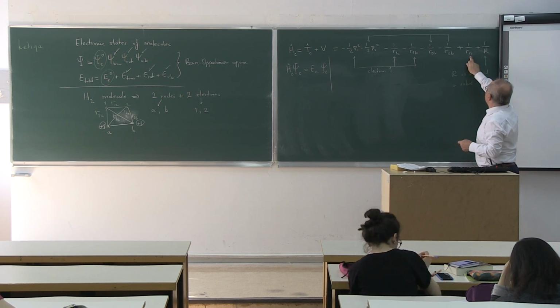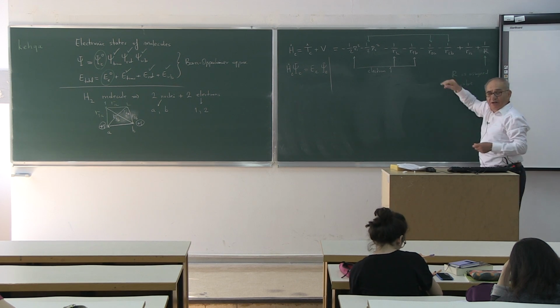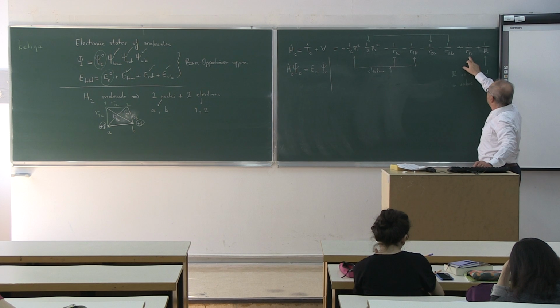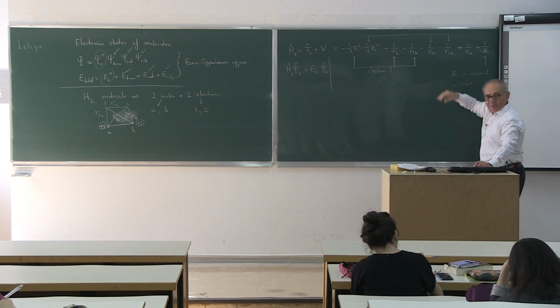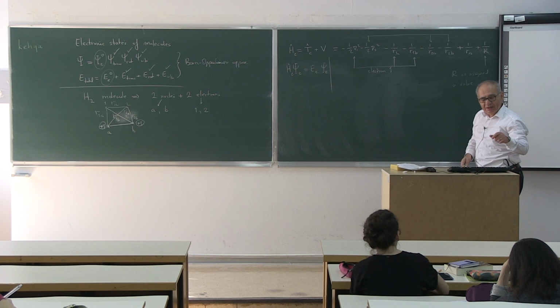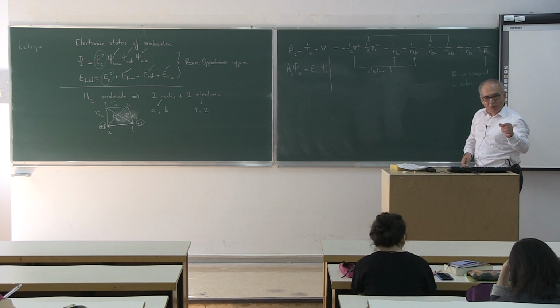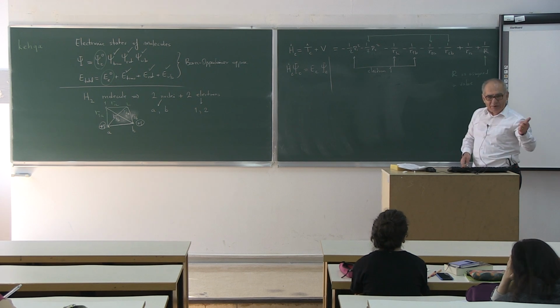Now, this term is the electron-electron interaction, and as you see here, it contains distance between the two electrons, r12. To calculate the distance between two electrons, it is necessary to know the values of the coordinates of both electrons.